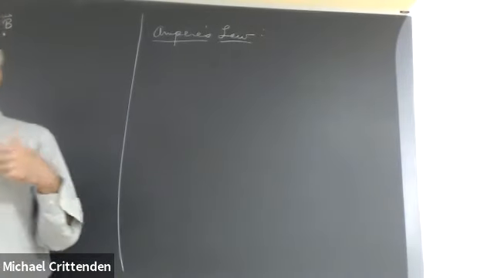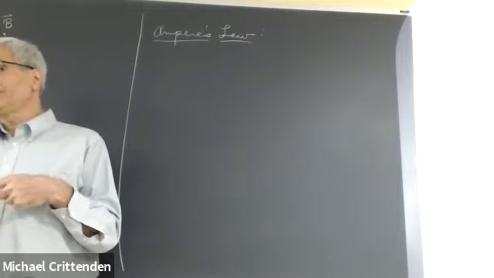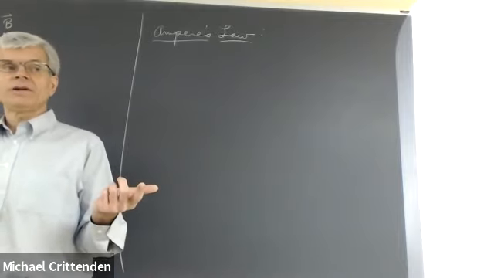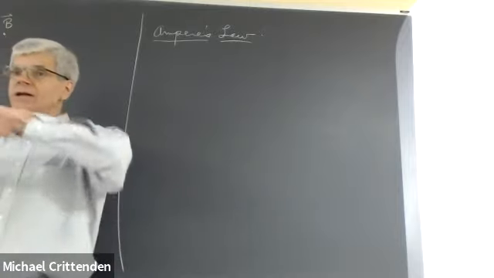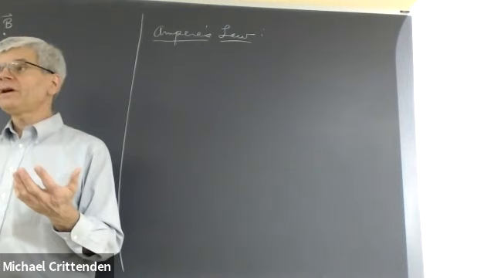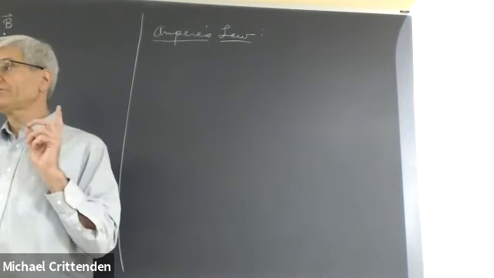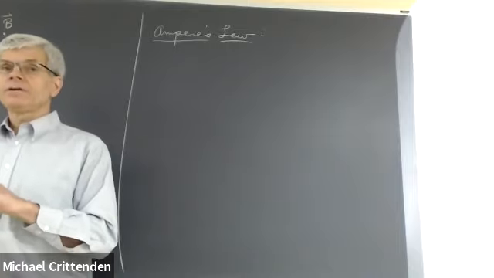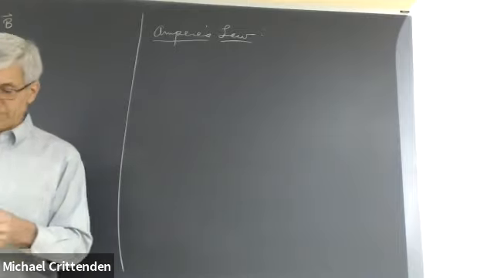Gauss's law, remember, was the basic equation of electrostatics. That involved a surface, okay? You had to pick some closed surface, and the total flux through that surface was proportional to the charge inside of it. Ampere's law uses a path rather than a surface.